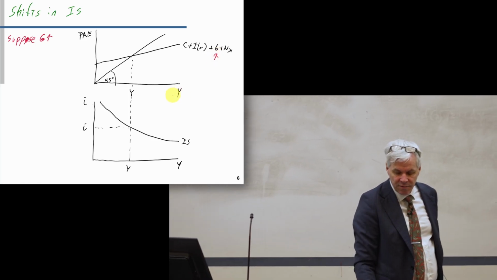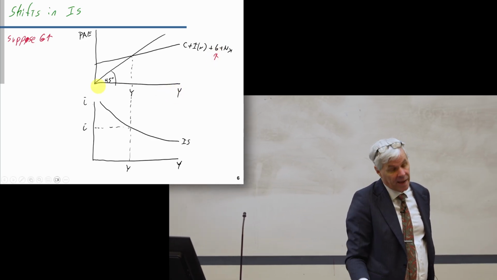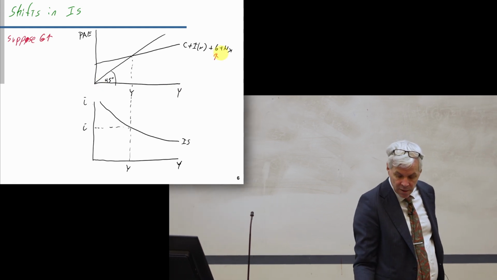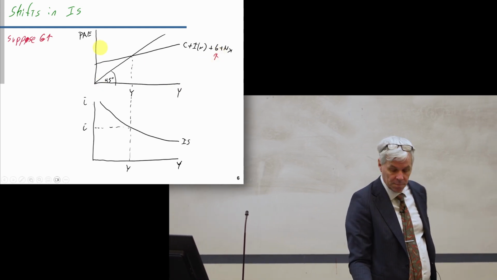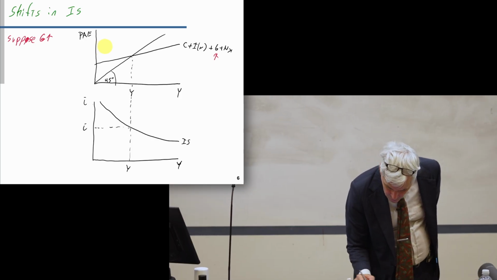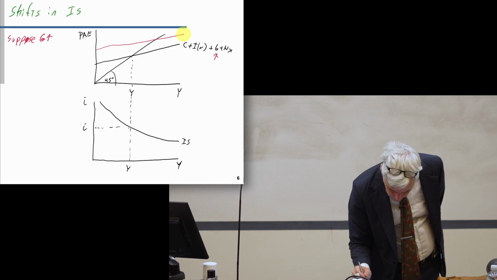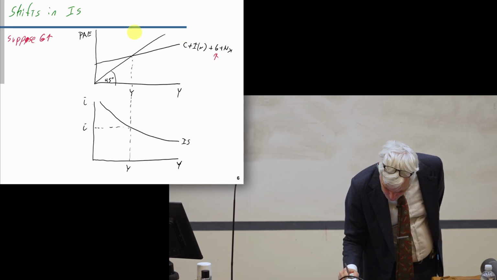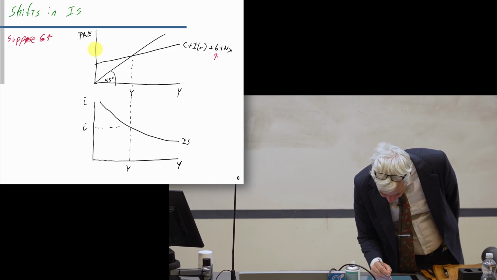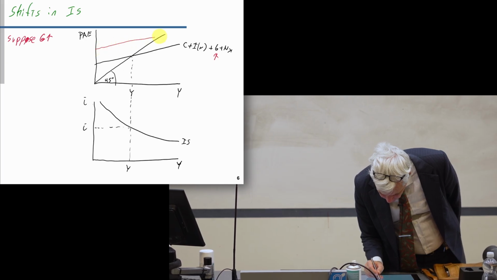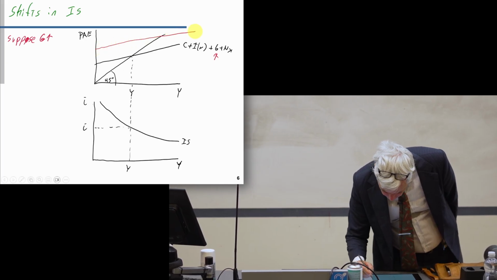So at any given level of y and a given level of interest rate, this whole curve is going to shift up. So let me do that. In red. In a parallel way. Like so.